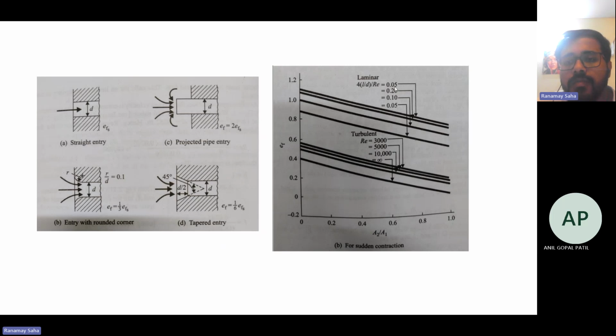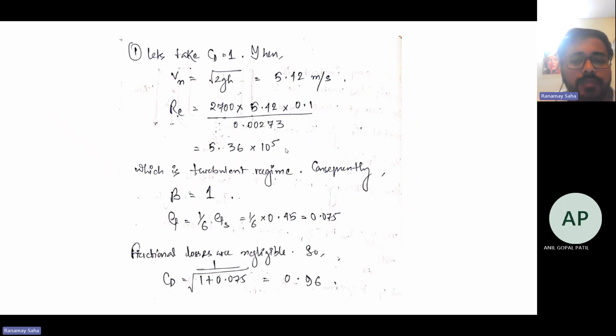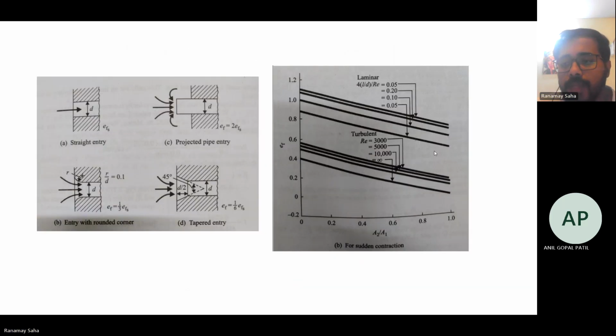These are laminar flows, 0.05 Re, then these curves. Again, for the turbulent regime, you have 30,000 and 10,000. In our case, I have checked that our number is 5.36 times 10 to the power 5, which is greater than 10,000. For anything greater than 10,000, we consider this plot to calculate the value of EF.